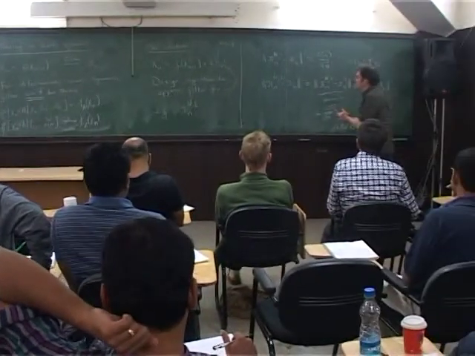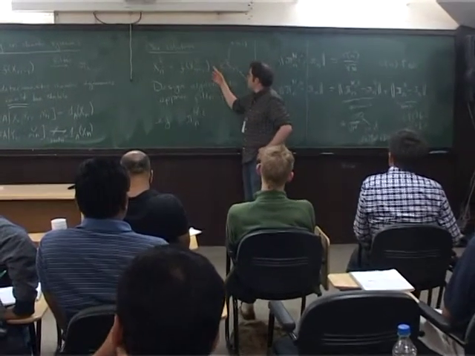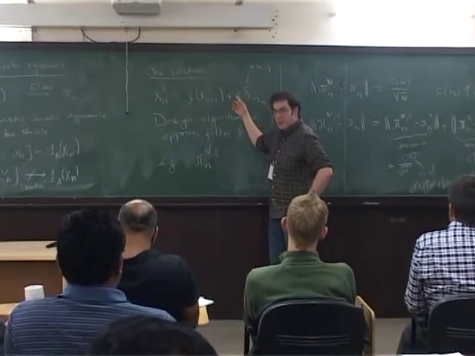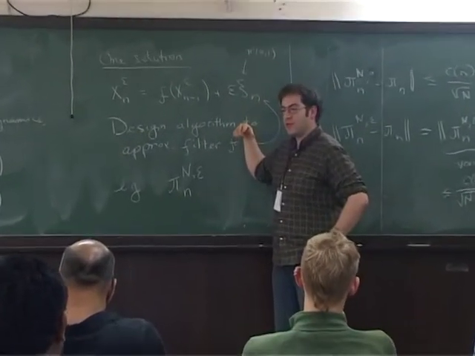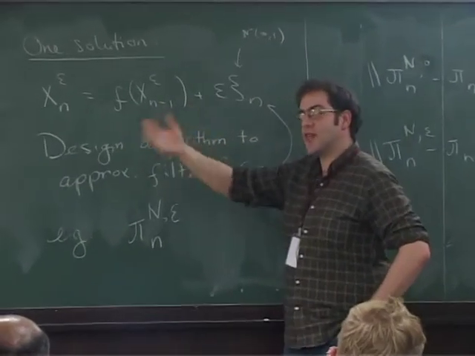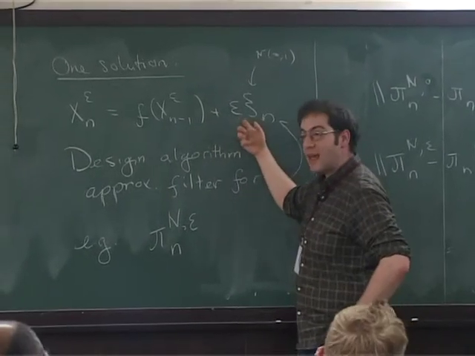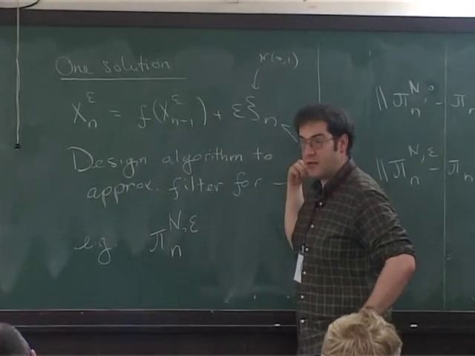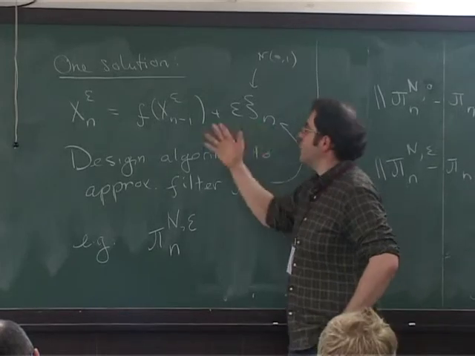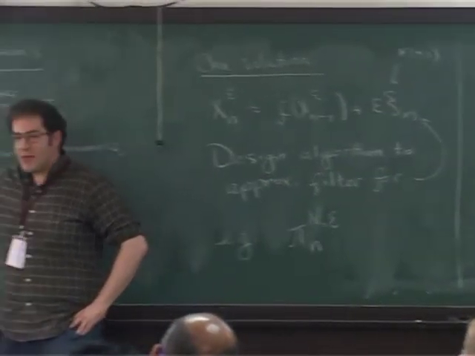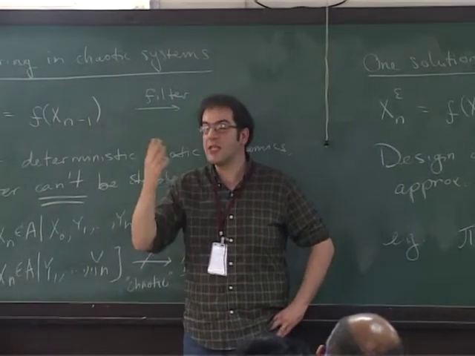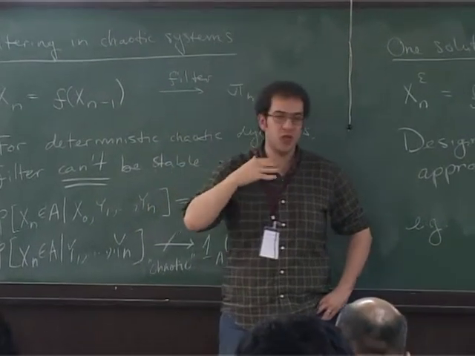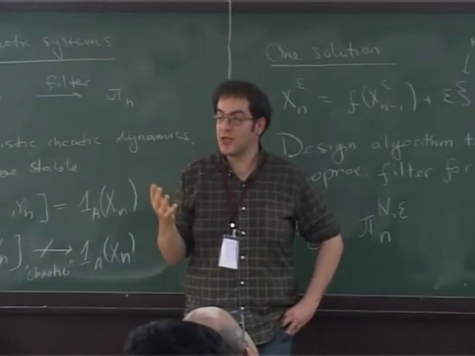So the question is very simple. If we choose epsilon as a function of the number of samples in the particle filter, the more samples I take, the less noise I have to add to get a good error. So the question is simple. Pick your favorite f, and I'm not suggesting you pick anything complicated. Pick a logistic model, the simplest possible one-dimensional chaotic dynamical system you can imagine.